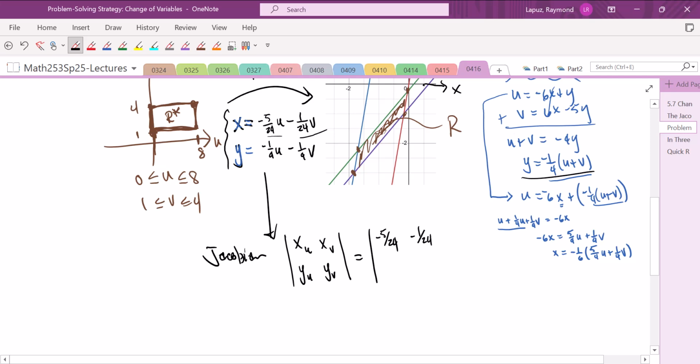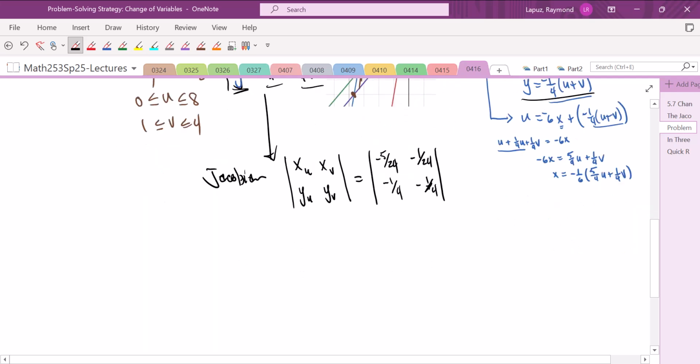And then now I'm in the y equation. Take the derivative of that with respect to u. That's a negative 1/4. And then take the derivative of y with respect to v. That's also a negative 1/4. And now the determinant is just this thing. So what's 4 times 24? 96. Yeah?